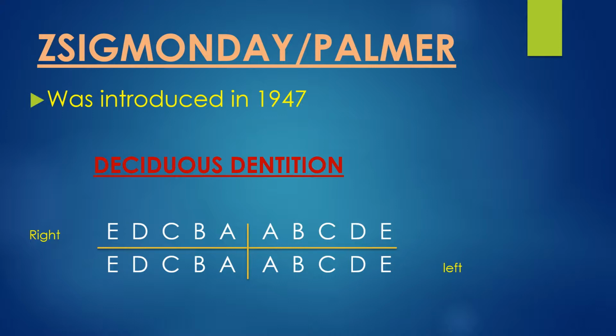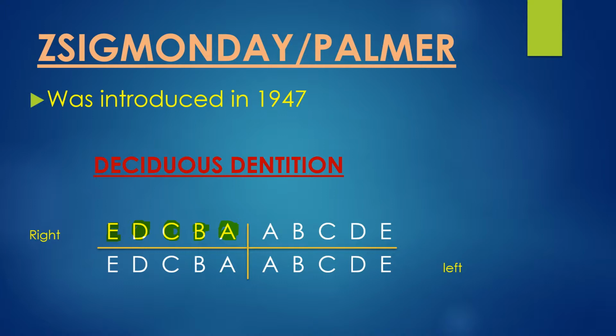In this method, as we can see in the dentition, the formula is as shown, in which this is the upper right central incisor, this is the upper right lateral incisor, C denotes the upper right canine, D denotes the upper right first molar and E denotes the upper right second molar.